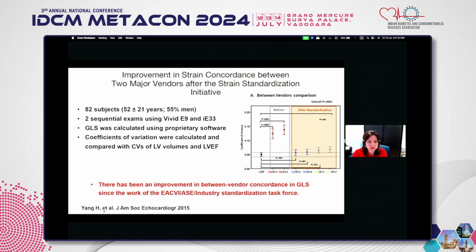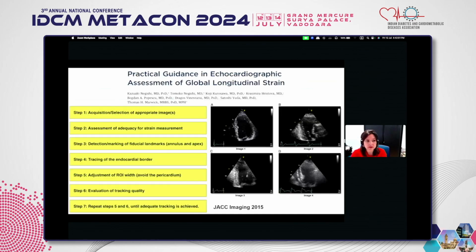By using the proprietary software, you can see that the coefficients of variance among the different vendors are now much, much lower. So if you use one machine or the other, you can obtain these measurements easily and reproducibly among the different ones.